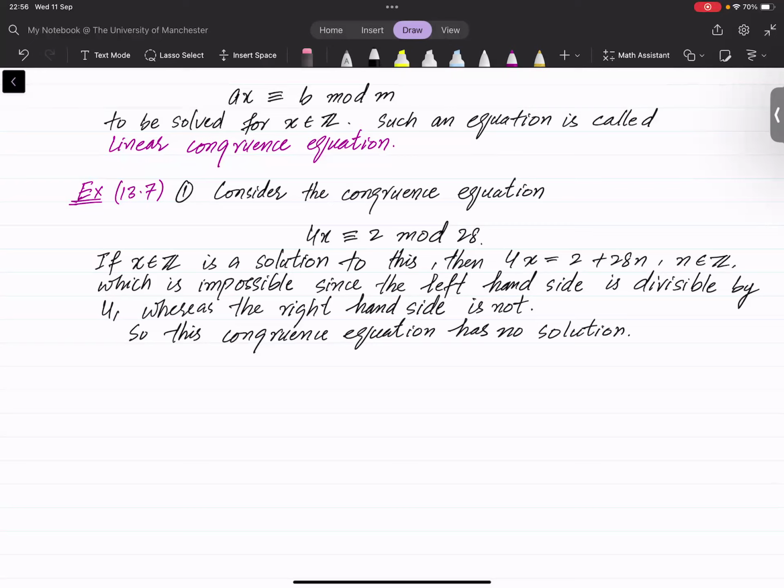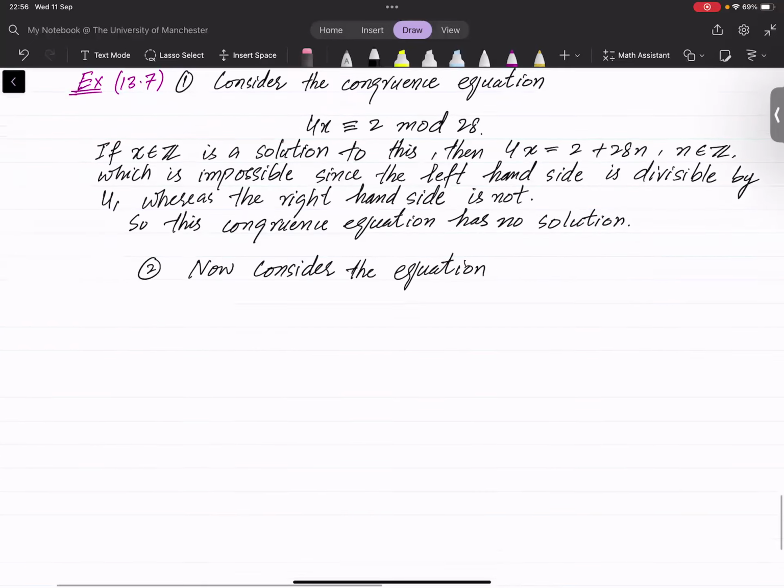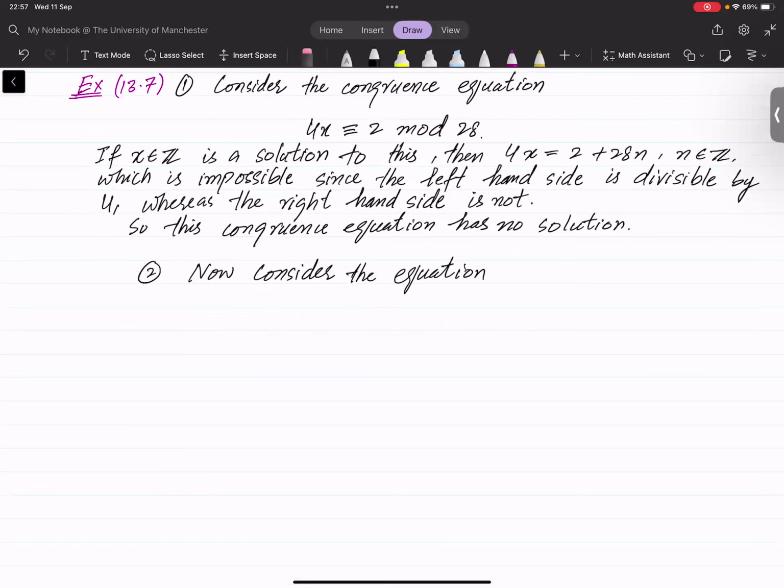Perfect. Let's consider number 2. Now consider the equation 13x is congruent to 2 mod 31. Now we will show that this equation has a solution.